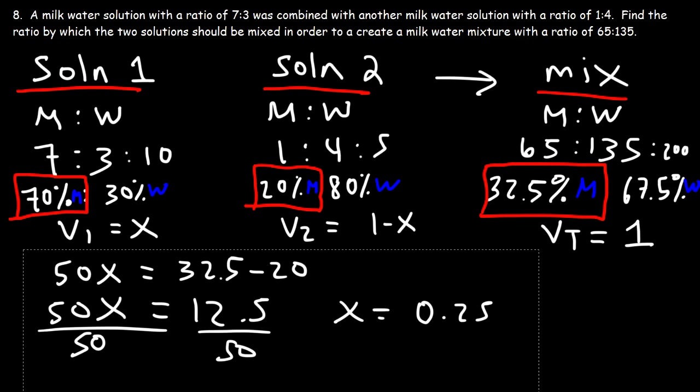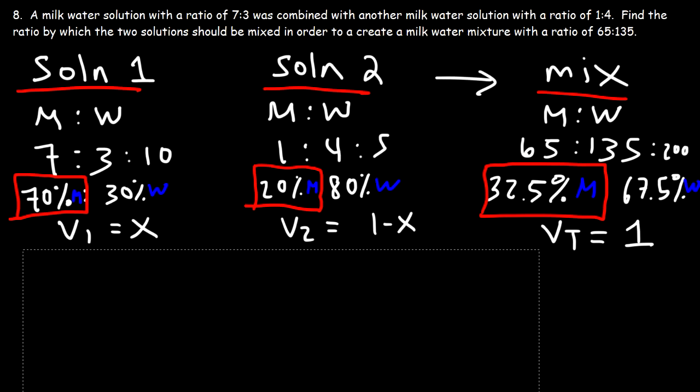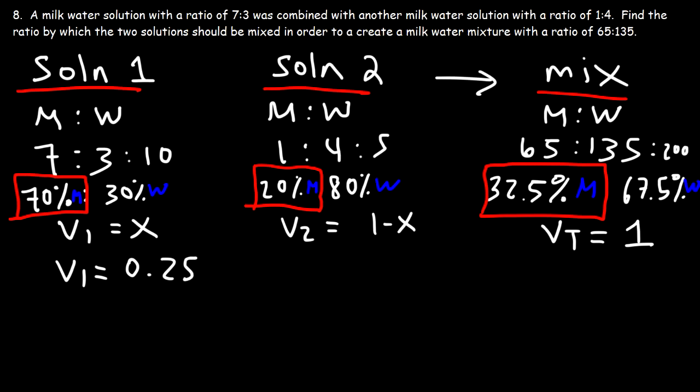So now we have our answer. Well, not quite, but we're almost there. So X is 0.25, which means V1 is 0.25. V2 is 1 minus 0.25, which is 0.75.